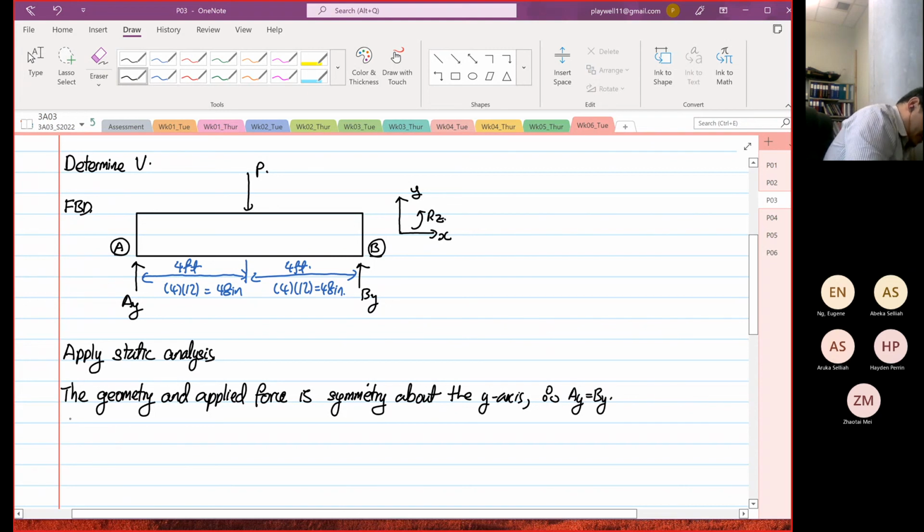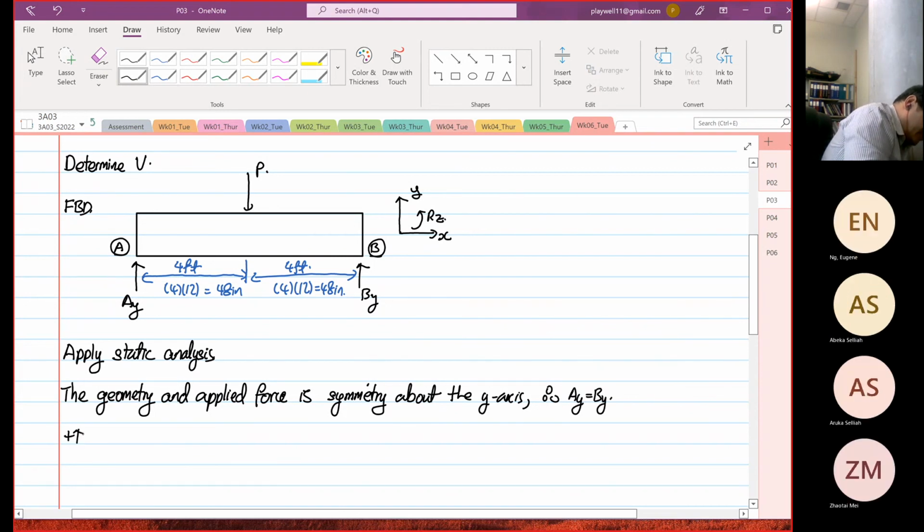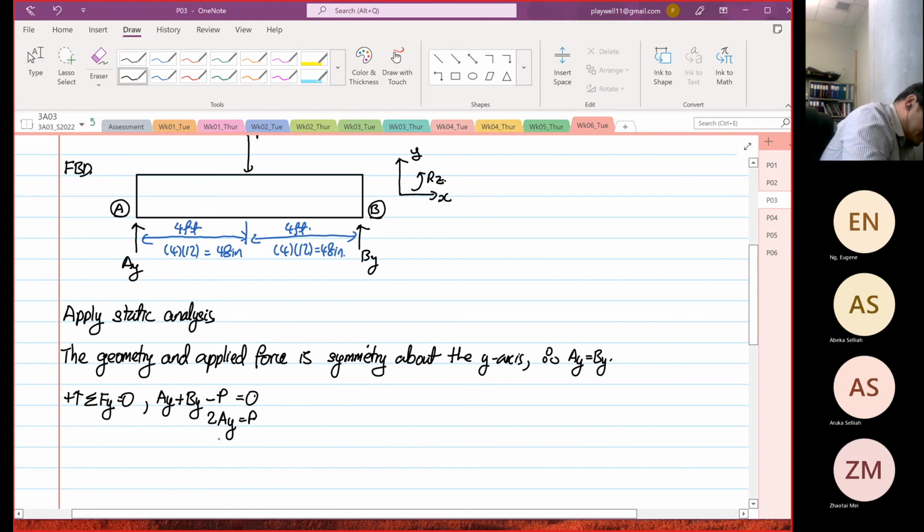So then we can do summation of forces in the y direction is equal to 0. So what we have is Ay plus By minus P is equal to 0. Because Ay is equal to By, 2Ay is equal to P, right? So Ay is equal to P over 2, which is also equal to our By.